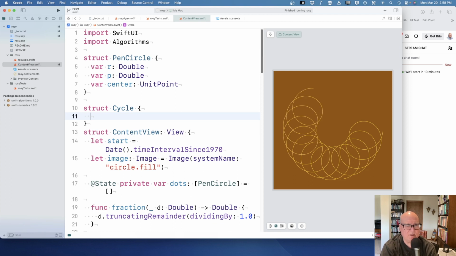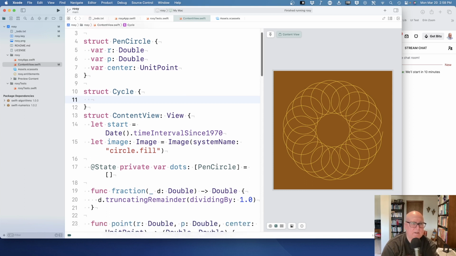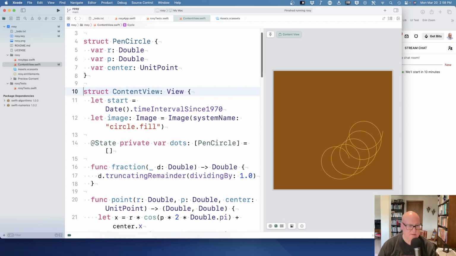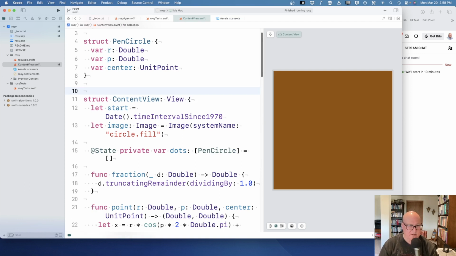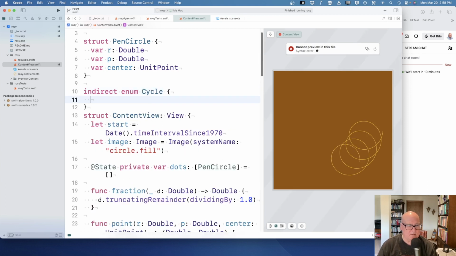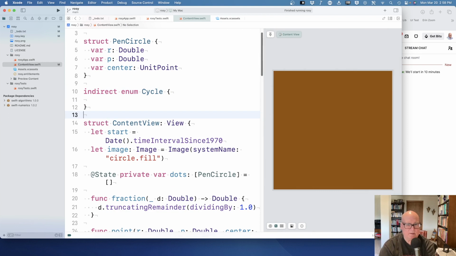Somehow I want values to feed through, and I want to give it, let's try enum. Sometimes we have these indirect enums in Swift. Cycle. All right. And what can they be? Well, they can be a this or a that or a thing that contains itself.